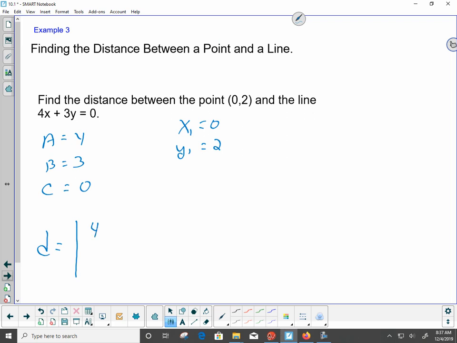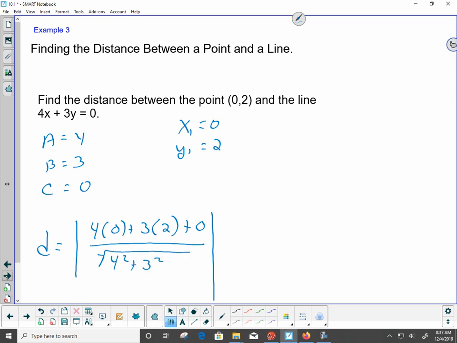I take 4 times the x coordinate, plus the coefficient of y times the y coordinate, plus c, my constant, divided by the square root of 4 squared plus 3 squared.